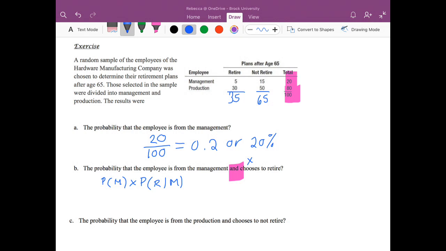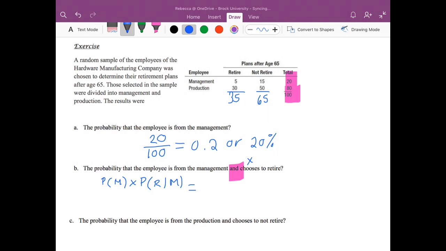So if you picture that I have all 100 employees in a room, what is the probability that I'm going to choose somebody from management? So I'm going to choose somebody, they're from management, and then what's the chance that that person I chose is going to choose to retire after age 65? Okay, so the first step is, what's the probability that that person I'm picking out of the crowd is from management?